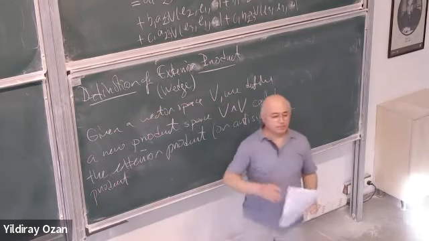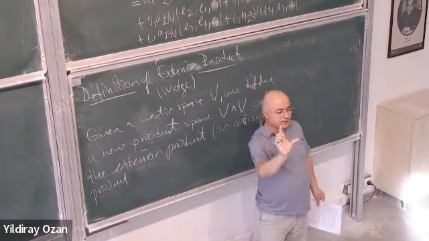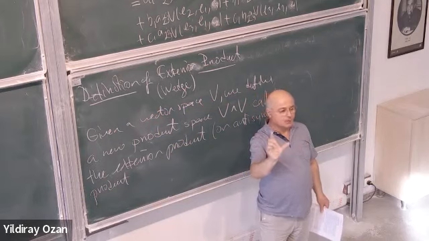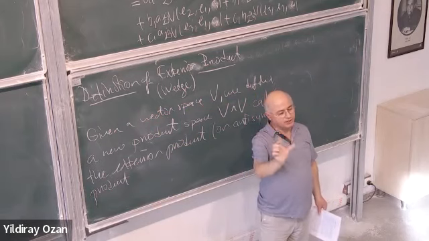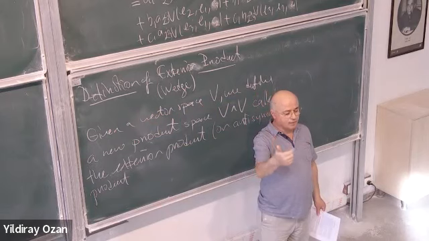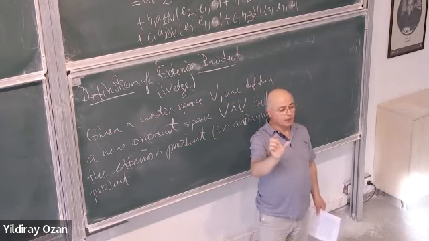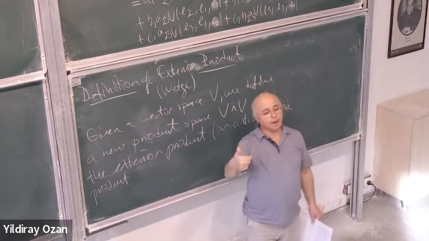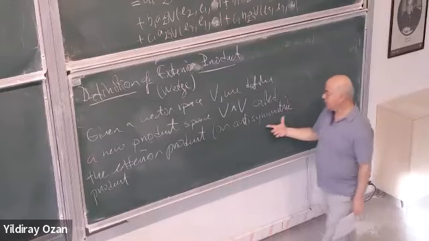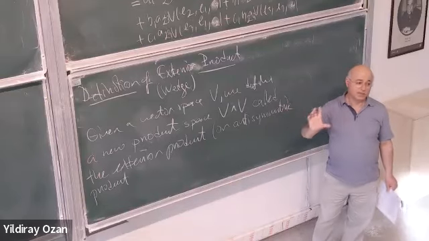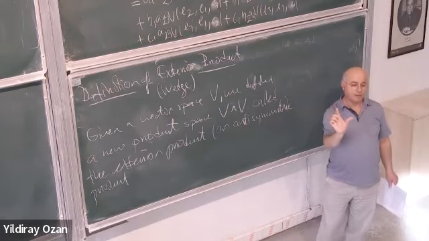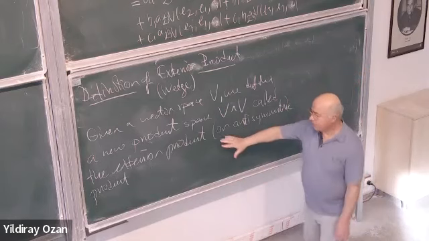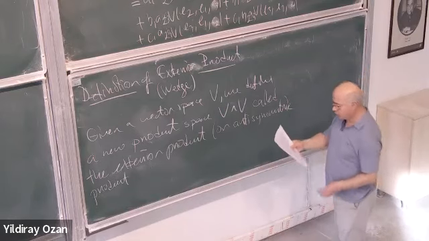Why anti-symmetric? Because when you replace two entries, U and V, you pick up a minus sign. So U wedge V is not V wedge U, but it is minus. That is called anti-symmetric. It is not symmetric, but anti-symmetric. That's why it's also called anti-symmetric product.